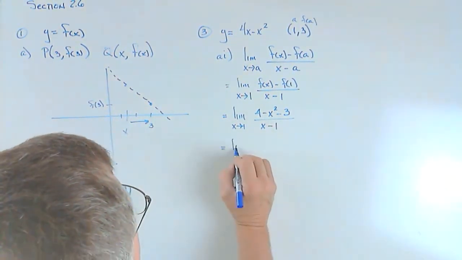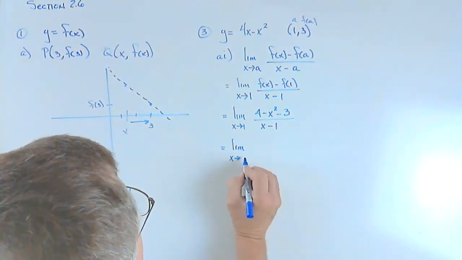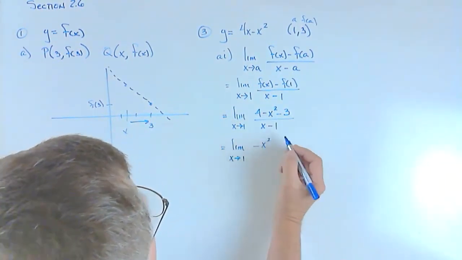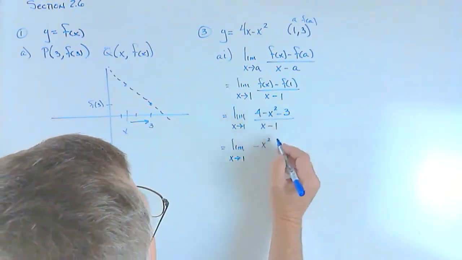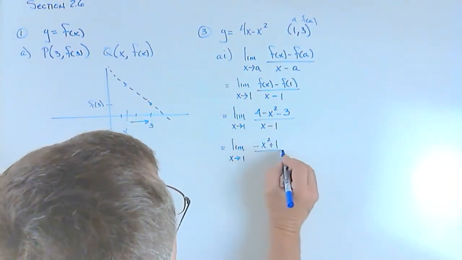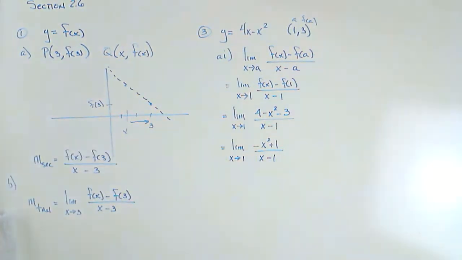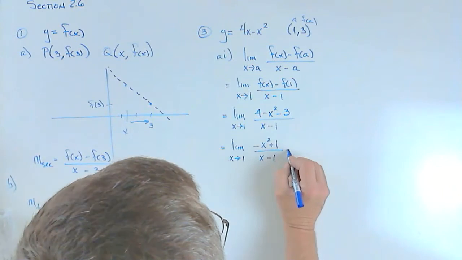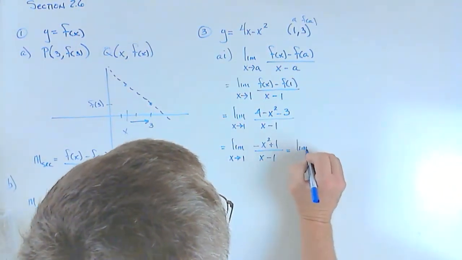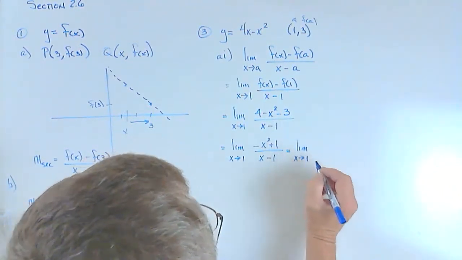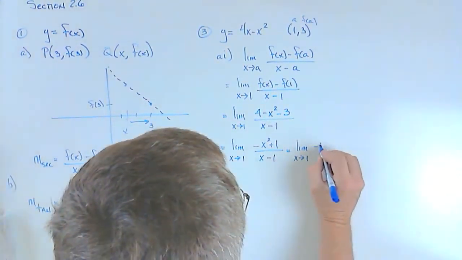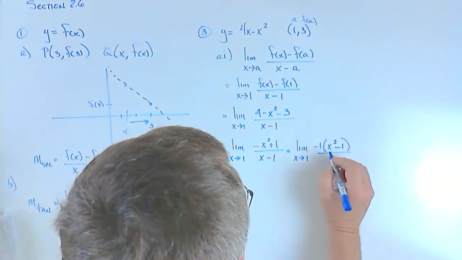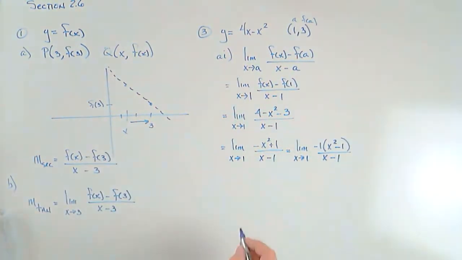Now, when we simplify that, we get the limit as x approaches 1. That's going to be minus x squared, right? And then 4x take away 3 is plus 1 over x minus 1. Now, we need to factor minus x squared plus 4x minus 3. The way we're going to factor that, I think the most direct approach would be to factor out a negative 1 and rewrite this as x squared minus 4x plus 3 over x minus 1.